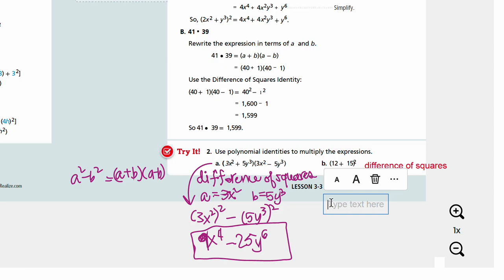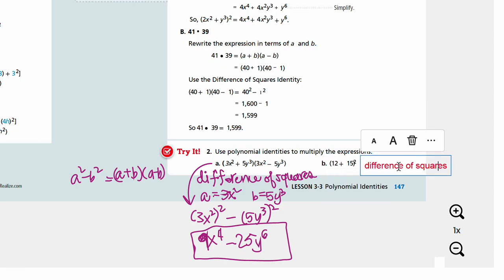So 12 could be 13.5 minus 1.5 if we want to do that, right? And 15 could be 13.5 plus 1.5, where we have the same a and b, right? So we could use that one, or this is actually already a square of a sum. So actually, I think it's better to use the square of a sum. I think difference of squares will be more work than square of a sum. So let's change this to square of a sum.